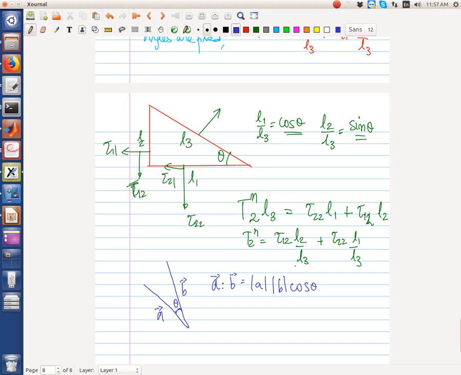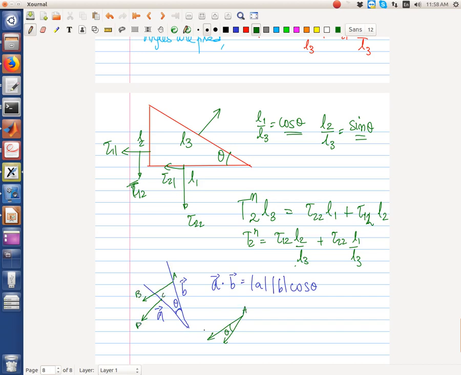Okay. But we see from geometry that the angle between the two lines is the same as the angle between the two normals. If I bring this angle here, it will become something like this. So this theta and this theta become the same. So I call this AB and this is CD.